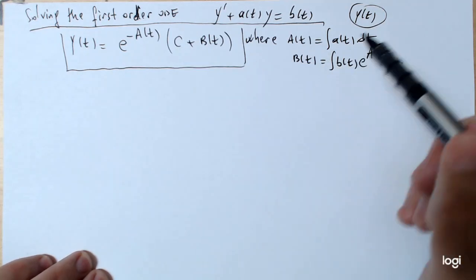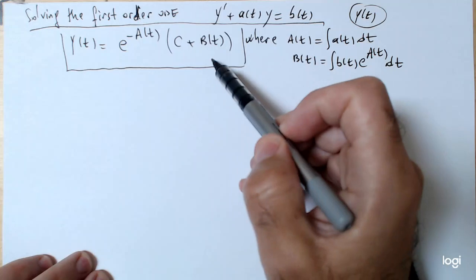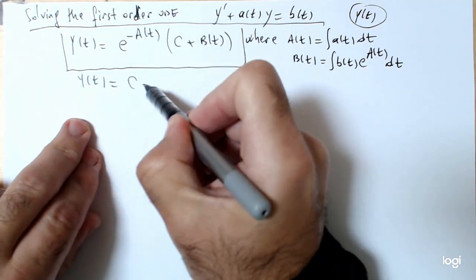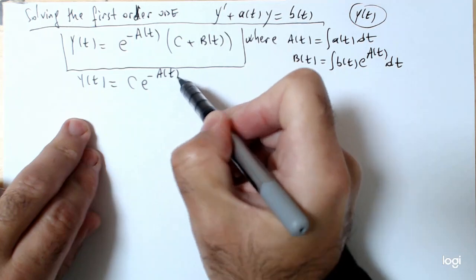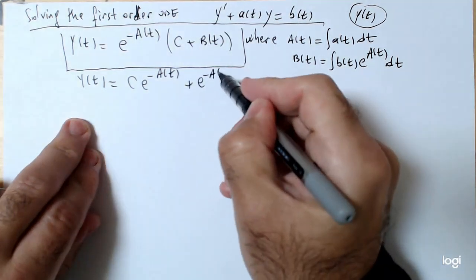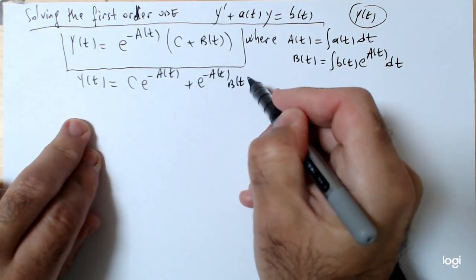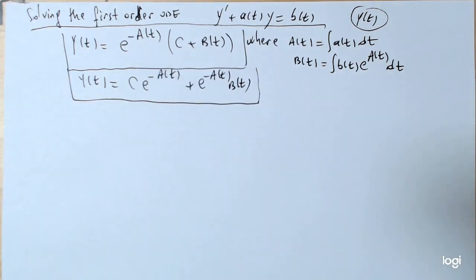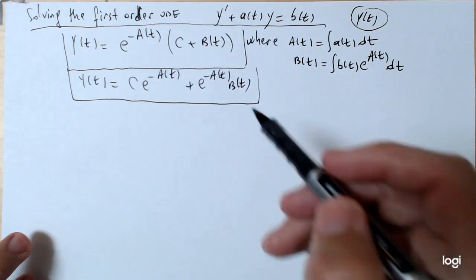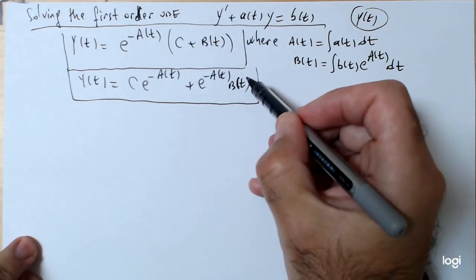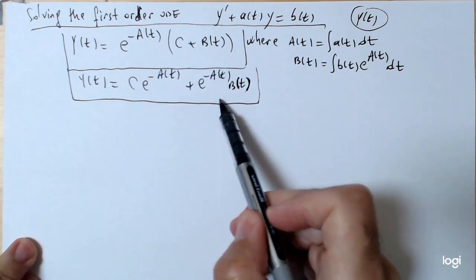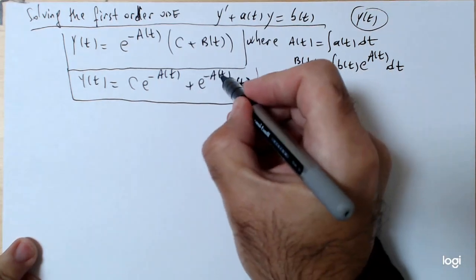And then once you compute these integrals, the solution can be written in this form. And you'll see later that it's maybe better to write it without the parentheses, because the second term can often be simplified to look nicer. I usually give it in that form because it's easier to memorize if you have to memorize it. But if you want to write it nicely in a simplified form, most of the time this is a better way to do it, without the parentheses.